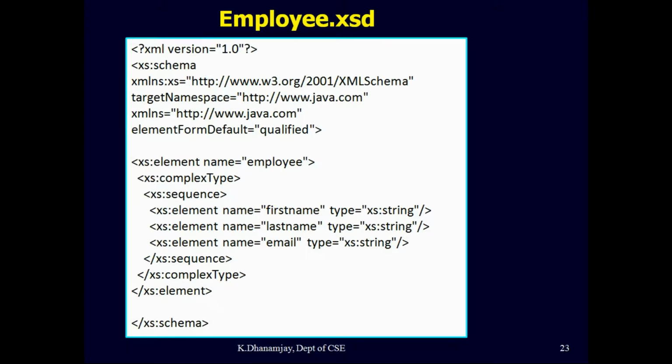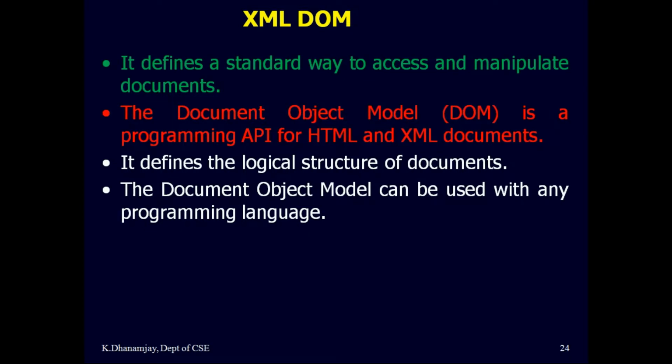Okay, let's have a look at XML DOM. What is meant by XML DOM? Document Object Model, which defines a standard way of accessing and manipulating documents. It is a programming API for HTML and XML documents, which defines a logical structure of documents and can be used with any programming language.